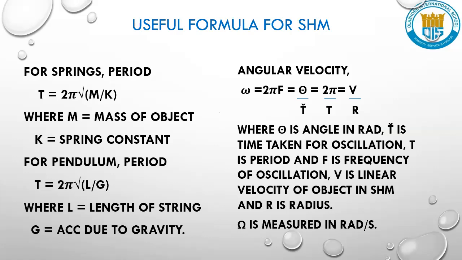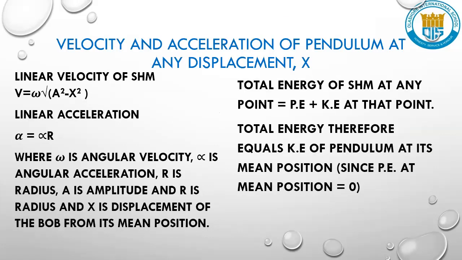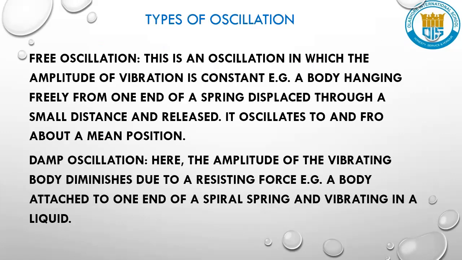And then our angular velocities, we also have their formulas here, just to remind us. Velocity and acceleration of a pendulum at displacement x, we have also written the formulas here. And let us also not forget that for a pendulum bulb, the maximum energy is experienced at the mean position. That's where there's the maximum velocity and no height.